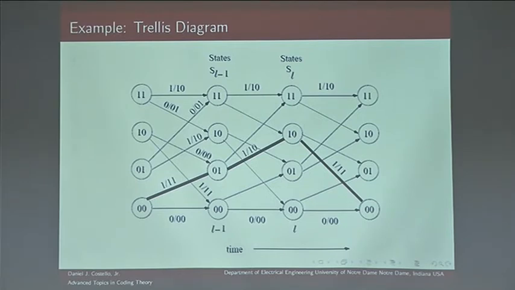And then we can follow any input sequence through the Trellis diagram, similar to what we described for the state diagram, and we can find out the corresponding code sequence. So if our input sequence was 1, 1, 1, we would have an output sequence 1, 1, 1, 0, 1, 1. And that would take us back to the all 0 state.